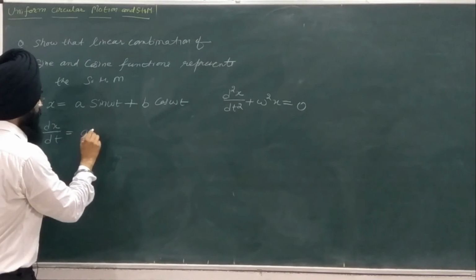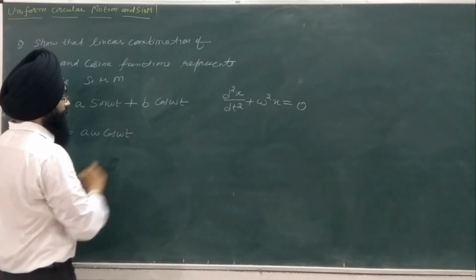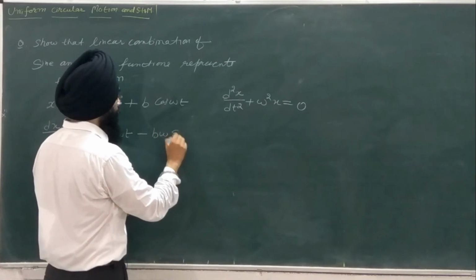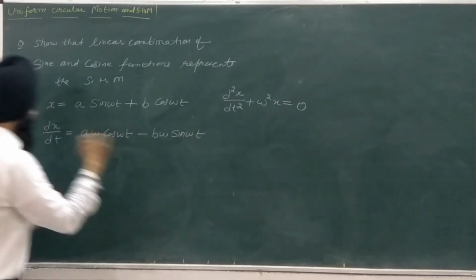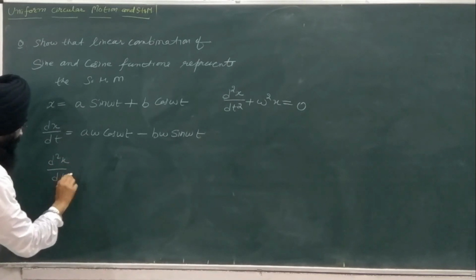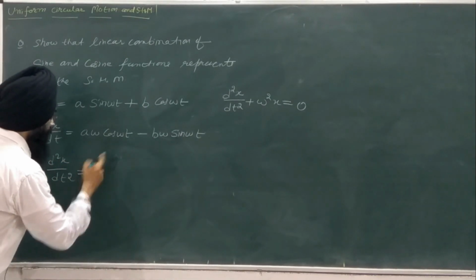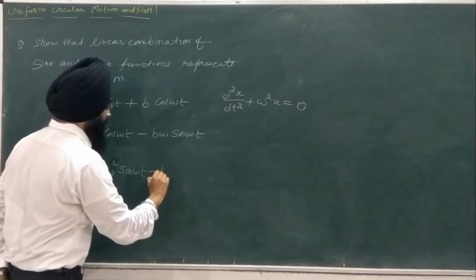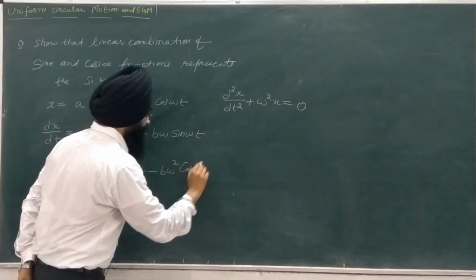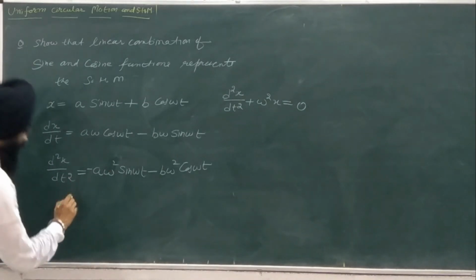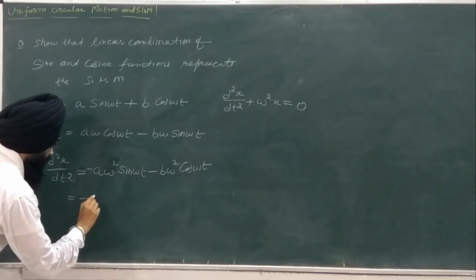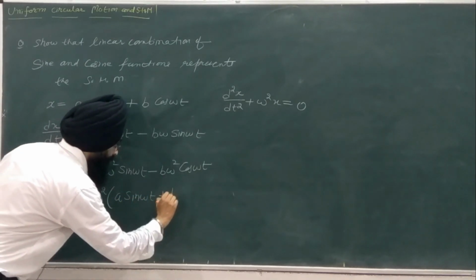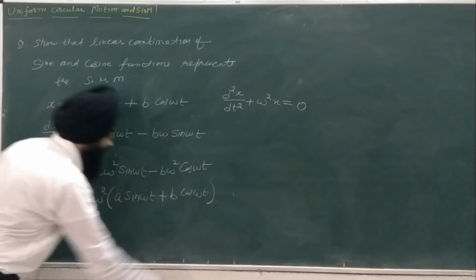We have a omega cos omega t minus, since the derivative of cos is minus sine, b omega sine omega t. Again we take the derivative: d square x upon dt square is equal to minus a omega square sine omega t minus b omega square cos omega t. We can take out the common terms: minus omega square times (a sine omega t plus b cos omega t).